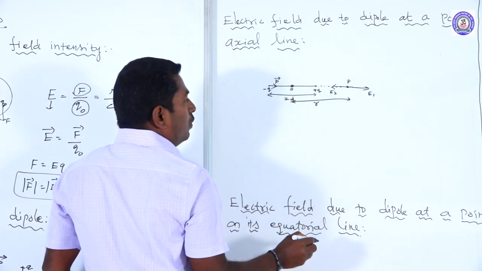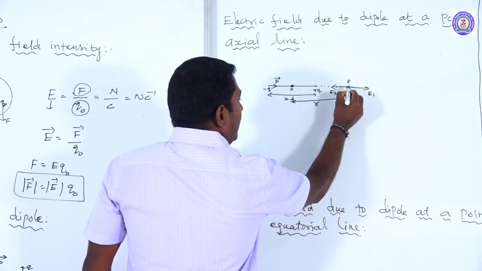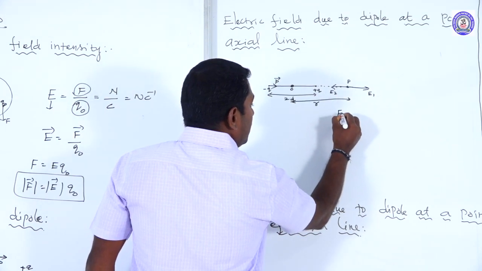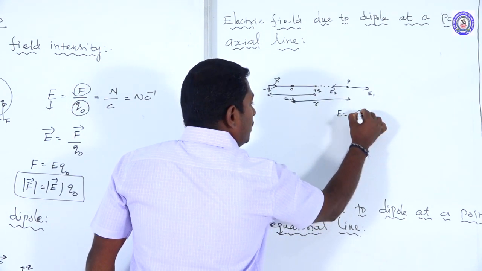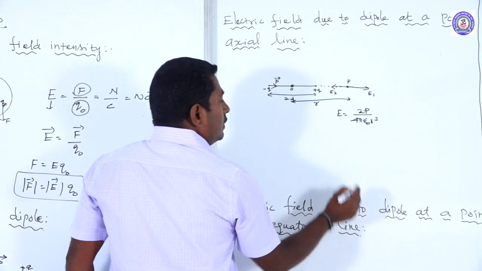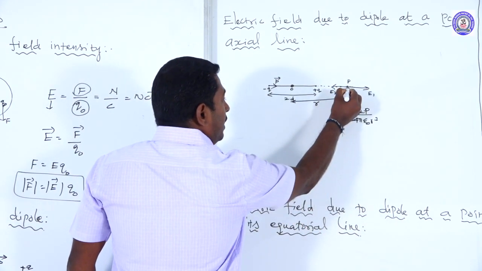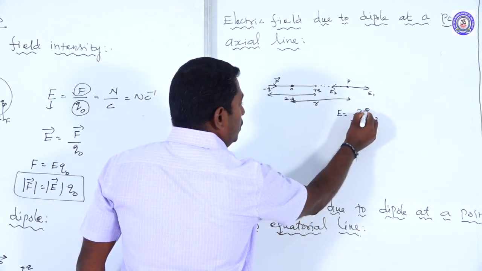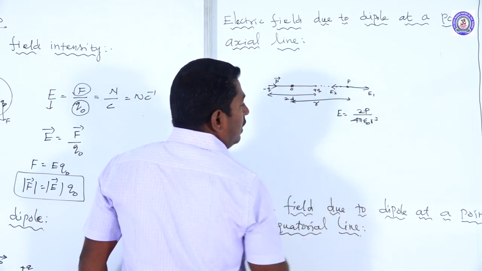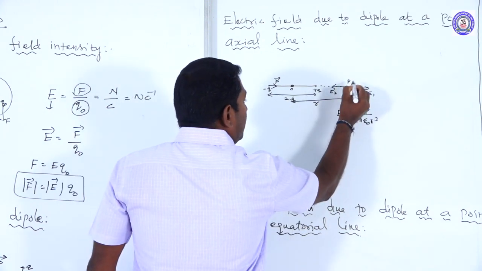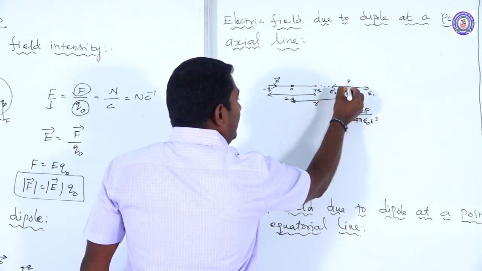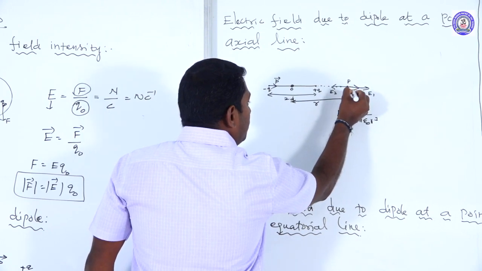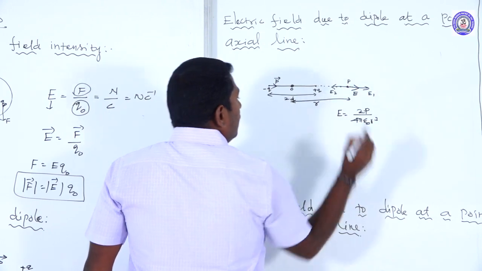The resultant electric field at this point P is E is equal to 2P divided by 4 pi epsilon naught R cube. The resultant electric field direction acts away from the plus Q charge.